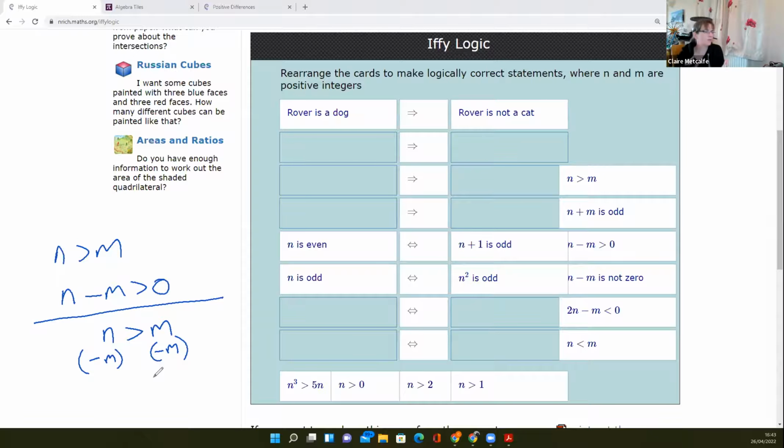So if you're adding or subtracting the same thing to both sides, your inequality doesn't swap around. It's only multiplying and dividing that you have to be a bit careful on. So perhaps we ought to make a new version of this where we've got n times m is greater than 0. And I think that actually you can reverse these steps and it still works. So I think I'm going to stick that one in as an if and only if.